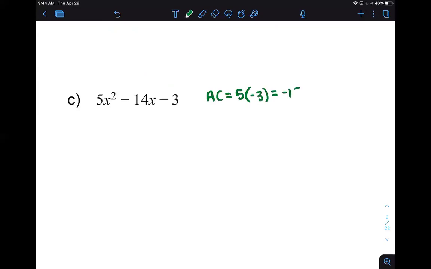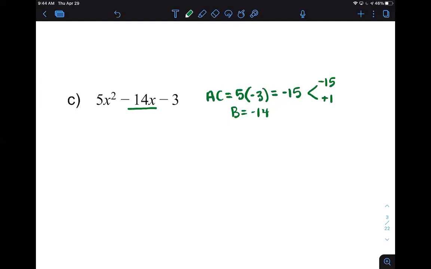Negative 15. We want the factors of negative 15 that add to be negative 14. Good, negative 15 and a positive 1. Can we do the shortcut? Why not? A doesn't equal 1, A equals 5.